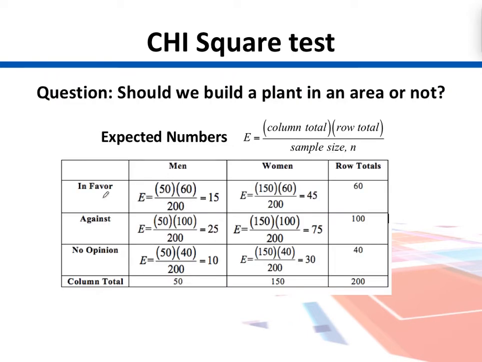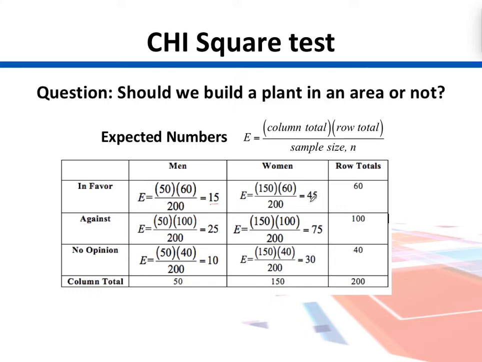For example, in favor the column total was 50 for men, times 60 for this row, divided by the grand total, the sample size, 200. So in favor the expected number of men is 15.